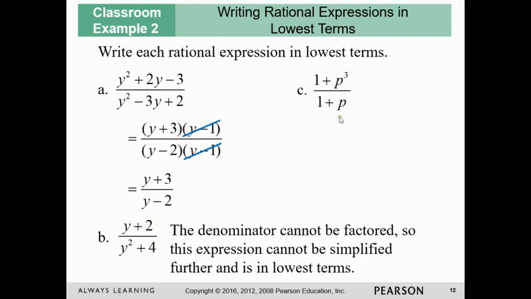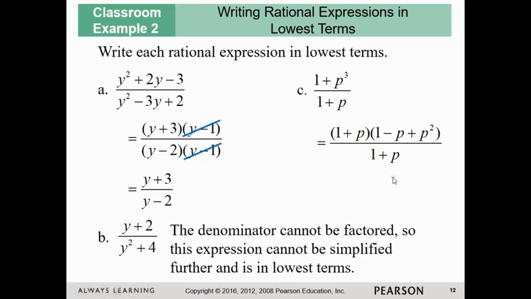Now looking at C, what we have in the numerator is the sum of cubes, because 1 times 1 times 1 is 1. So we would use the sum of cubes formula here to factor the numerator, which is what we've done right here. What I really want you to pay attention to is that we have this 1 plus p common in both the numerator and the denominator.